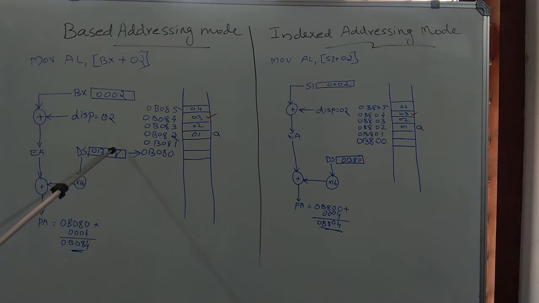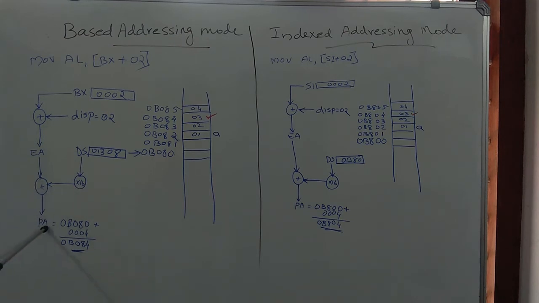See the physical address calculation. The effective address is obtained by adding the BX content and the displacement value. That is 0004 you are getting. Then physical address calculation: DS register content into 16 plus the effective address.